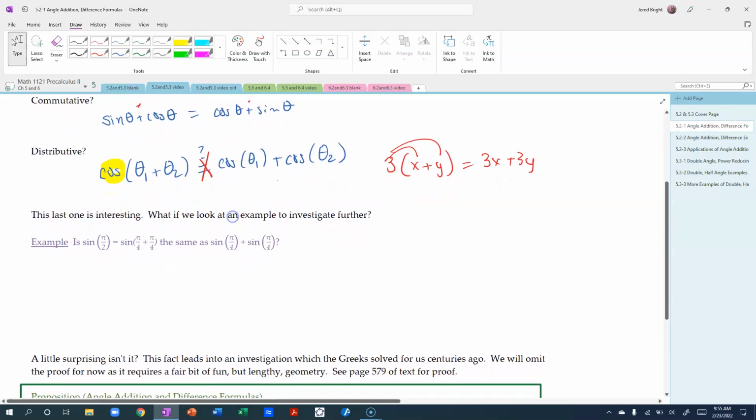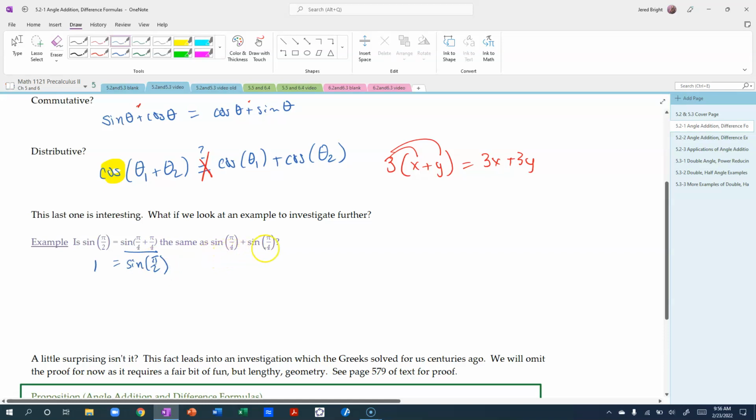And just to verify that, we can look at the next example. So we know sine of pi over 2, go to the unit circle, that's 1. And then we have this quantity. We can represent it as pi over 4 plus pi over 4, or really that's 45 degrees plus 45 degrees, okay? So sine of pi over 2, yep, that's true.